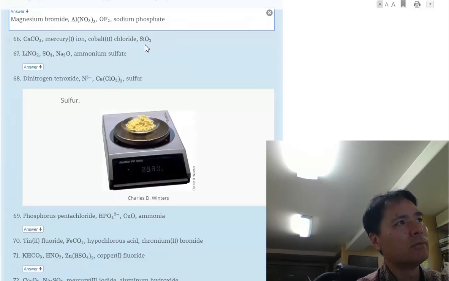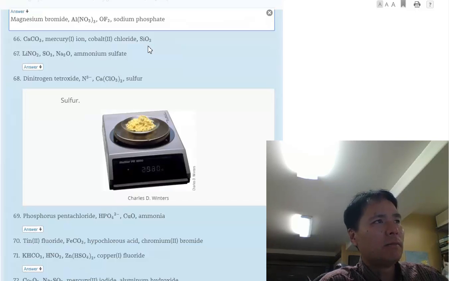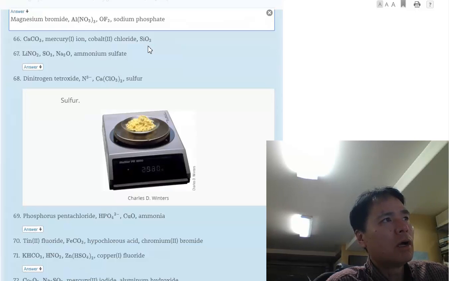And then the last one here is silicon with oxygen. This one has the common name quartz. Silicon's borderline. Silicon is what we call a semimetal. So there are 2 ways you can name this. You can name this as a binary molecular compound, and consider silicon as more of a nonmetal.